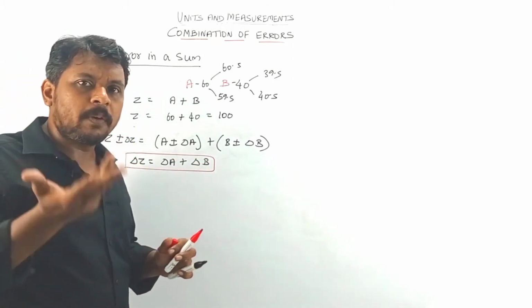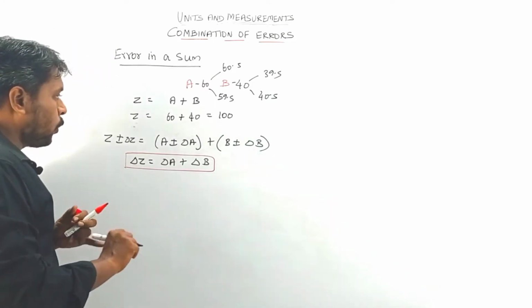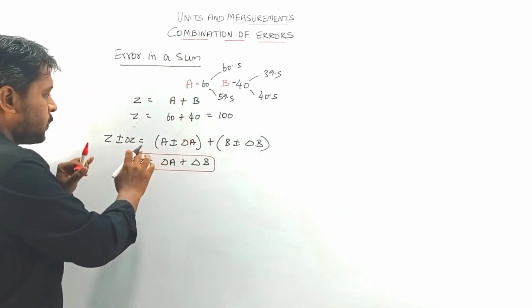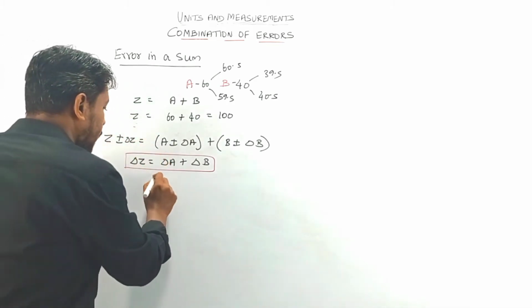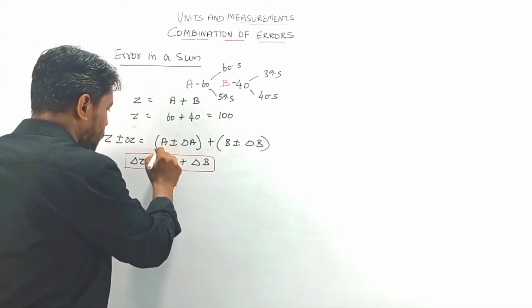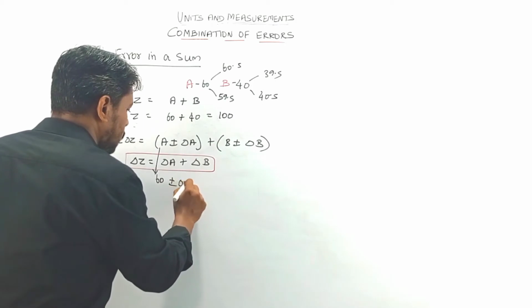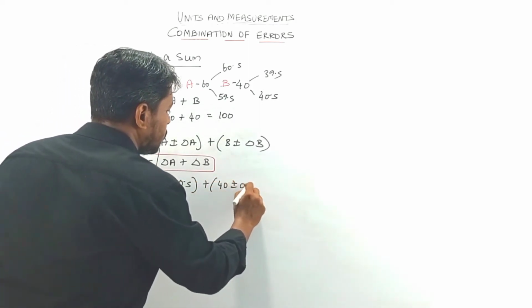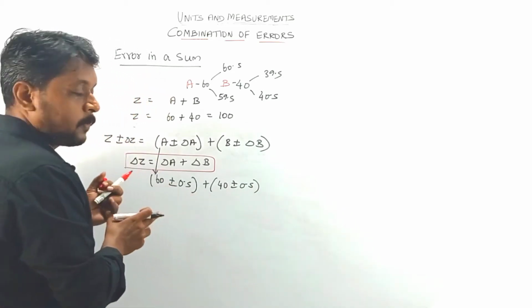Let us verify what will be the value of the output now. You know that Z is equal to 100, and we have to represent Z with error. A is 60 plus or minus 0.5 and B is 40 plus or minus 0.5.